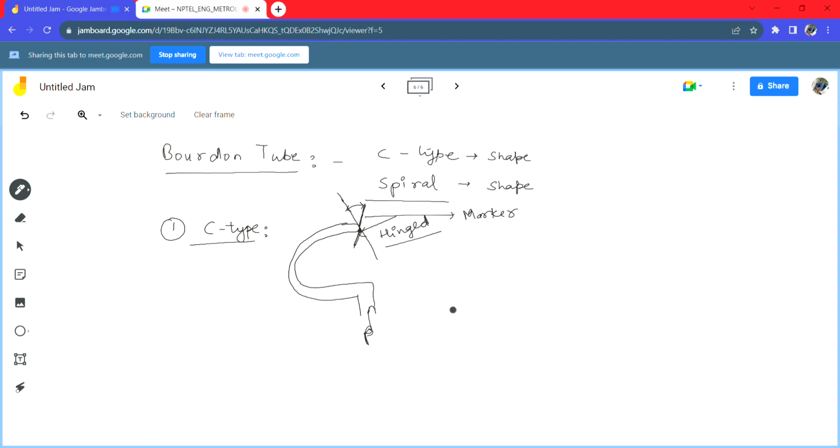And we measure this angle theta, and that theta angle is converted into linear displacement, and we are pretty much sure that we have converted this pressure being applied onto this section into delta L. That was our aim.